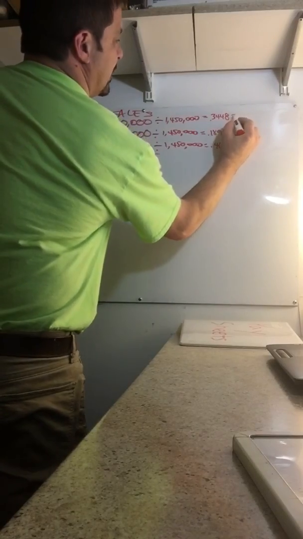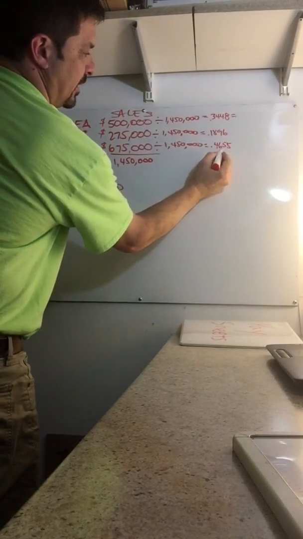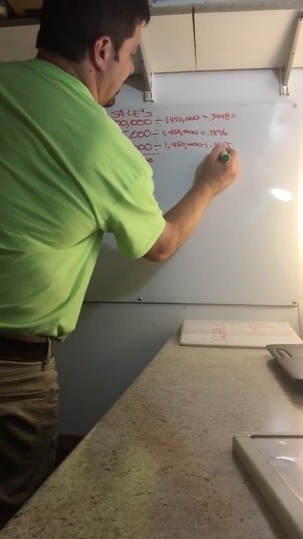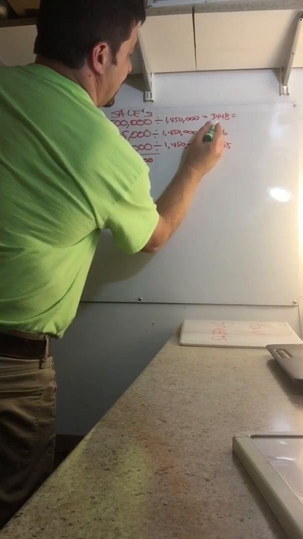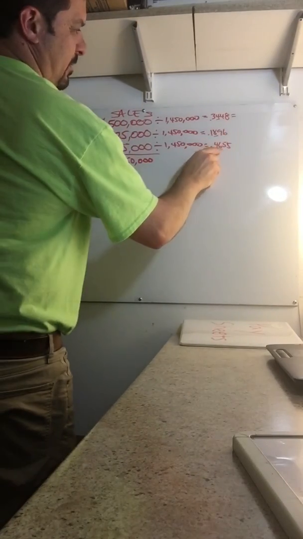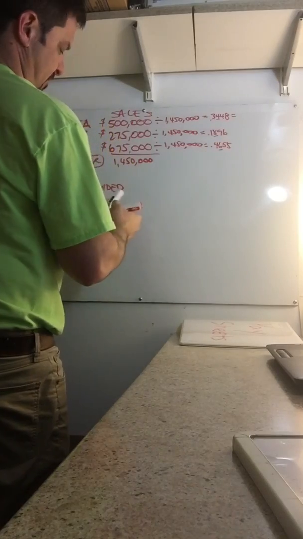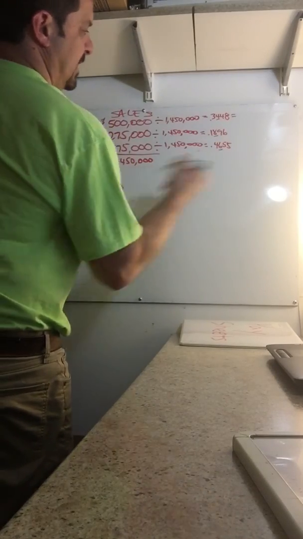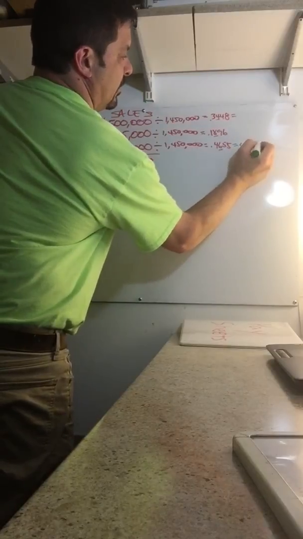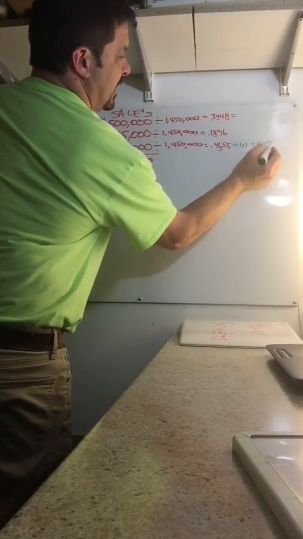We're going to round this to the 100th place, which is the second decimal place. To do that, we use the number next to it. So 0.4655 is going to equal 0.47, which is going to equal 47%.